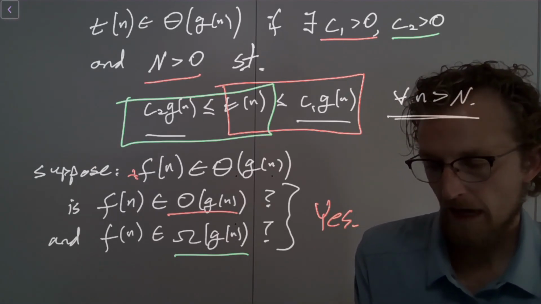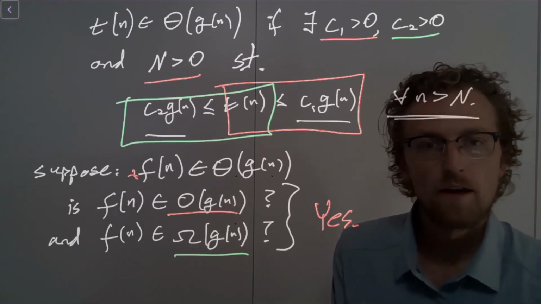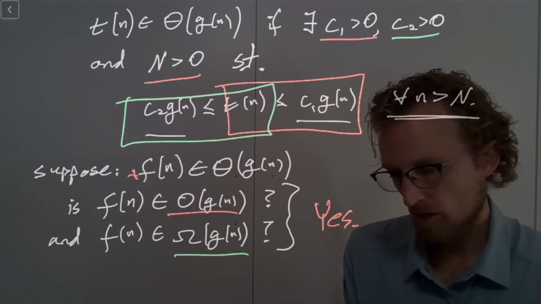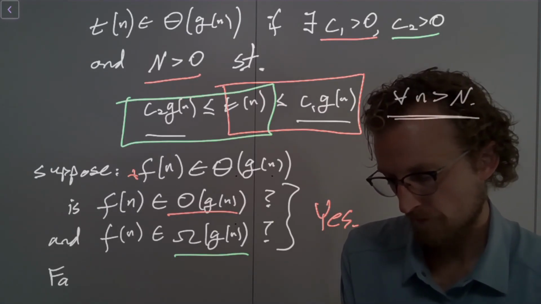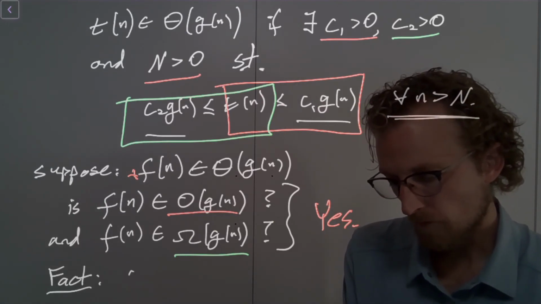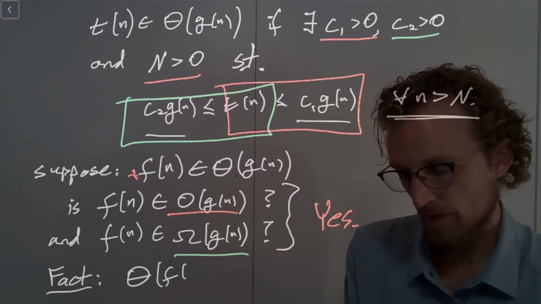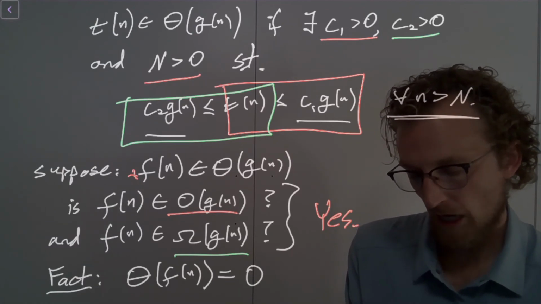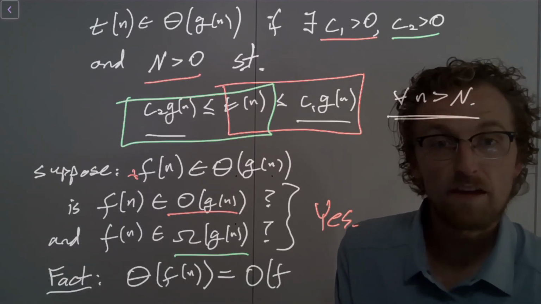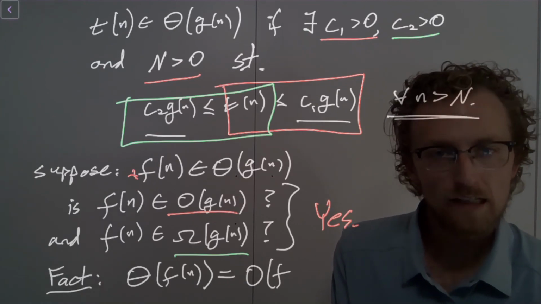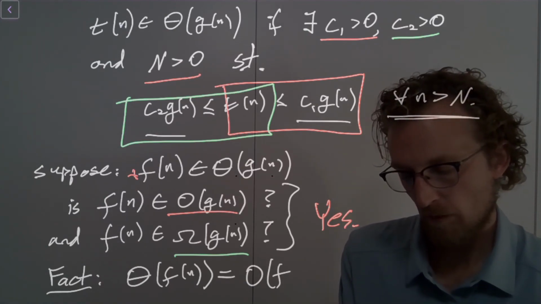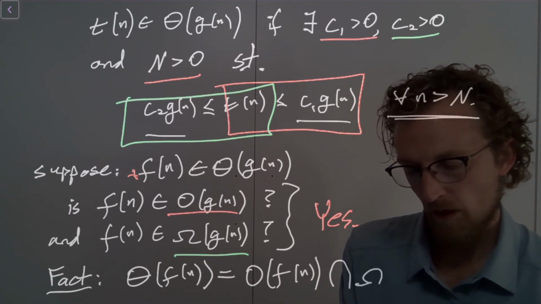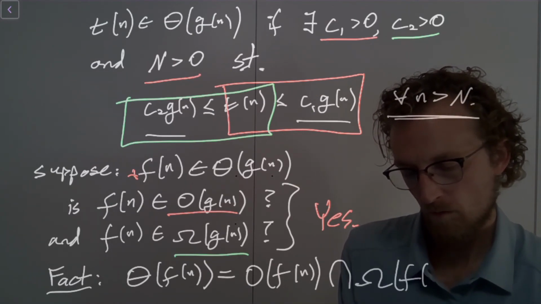And so here's a fact. This is an important fact, and this is one way of writing it. There are a couple other ways of writing it that I can talk through. This is a critical fact: big theta of f of n is exactly equal to the intersection between big O of f of n and big omega of f of n.